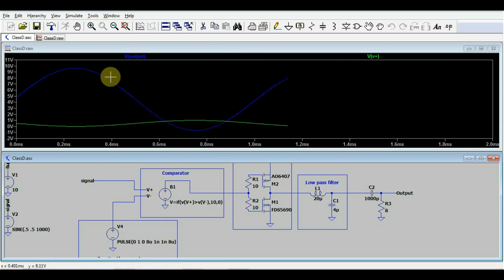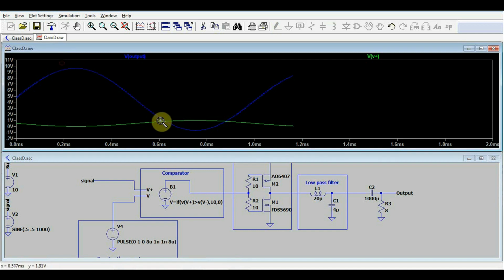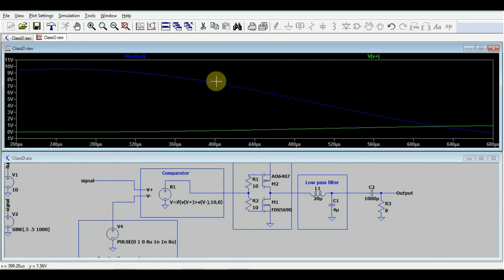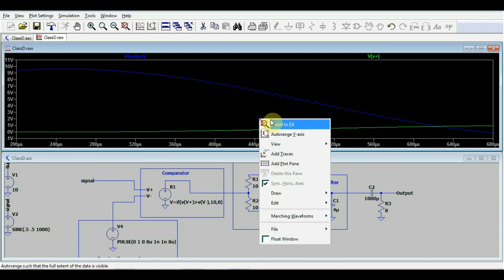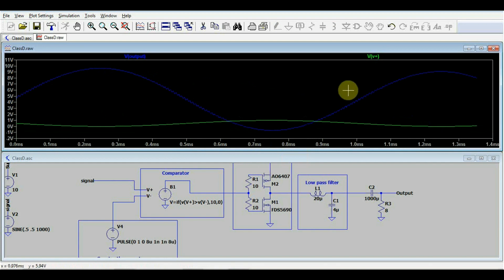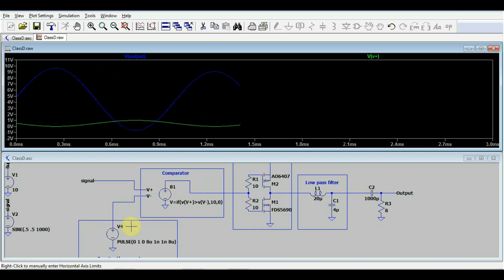Now, one thing that you may already notice is that the output signal has this bouncing in it. This is because the low pass filter is not doing a good enough job. And this is one of the problems with the D-class amplifier. Apart from your useful signal, so the big sine wave, you will also have these artifacts left behind from the switching action of the comparator.